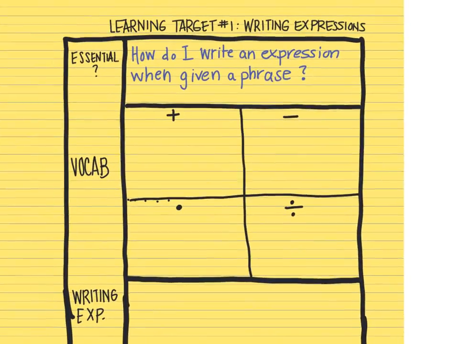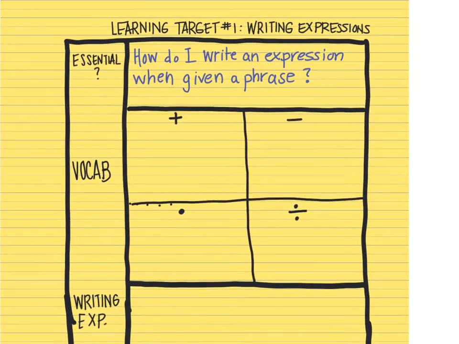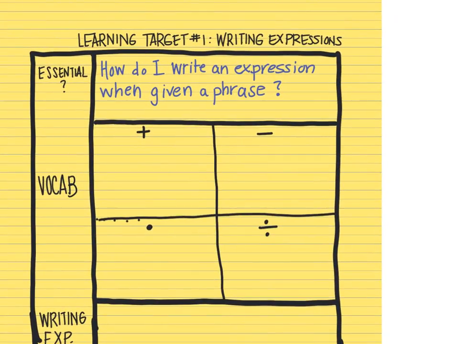The first thing we need to know is what is an expression, and that is on your virtual vocabulary wall on our website. But in short, an expression is a problem with no equal sign. Okay, so it's a problem with no equal sign.